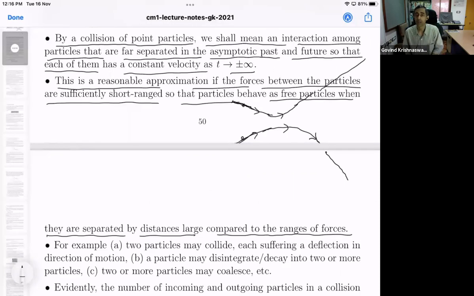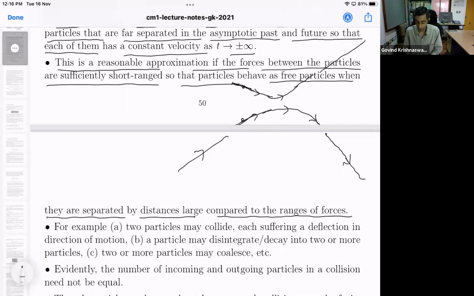When the separations become large, the forces die out, is the assumption, and this is borne out in most contexts. Gravitational forces decrease with distance, so do electric forces. There are places where one has to be a bit careful, but by and large, this is true. Forces between molecules also tend to fall off pretty fast. So that far away in the asymptotic future and in the far past, they can be assumed to be coming along straight line trajectories at constant velocity.